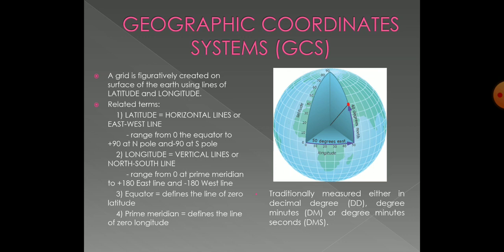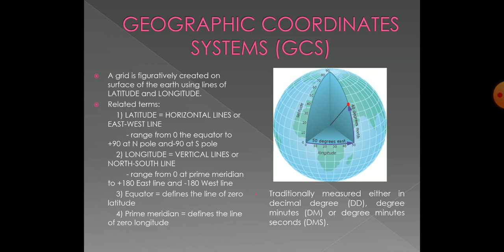While for longitude, it is the columns of the GCS. The lines run north south from the north pole to the south pole, and are used to measure how far east or west an object is from the prime meridian. So prime meridian is the reference for longitude.